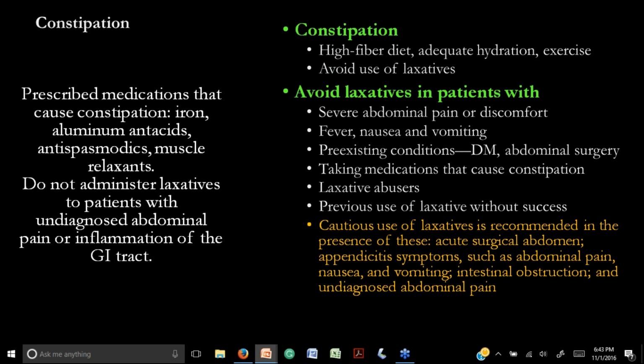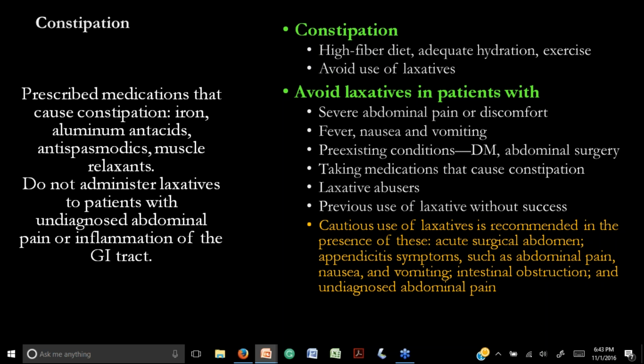One thing I want to tell you about laxative is that if you use or abuse laxative, you are going to become dependent. There are many people outside who are going to be taking laxative for the rest of their life. That means the patient was abusing this medication and became dependent.